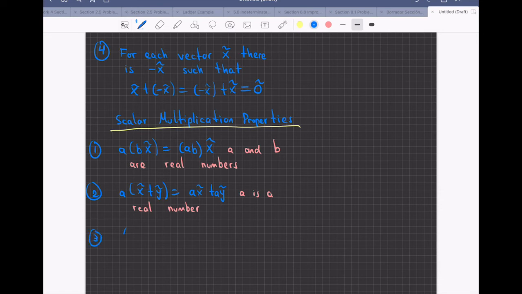Property number three, A plus B times X is the same as A times X plus B times X. And of course, A and B are not vectors, they are real numbers.